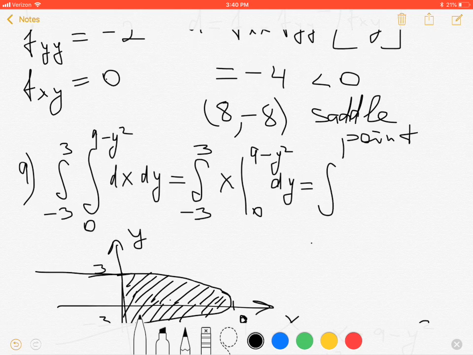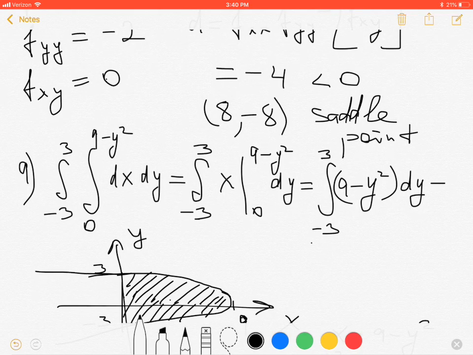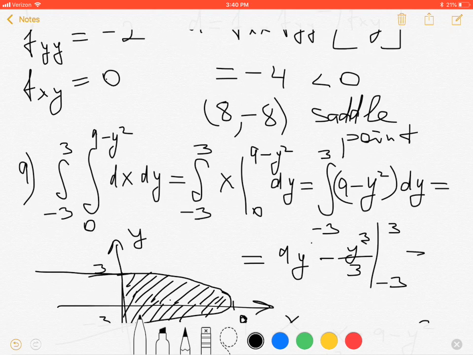It will be the integral from negative 3 to 3 of 9 minus y squared dy, which is equal to 9y minus y cubed over 3, from negative 3 to 3.